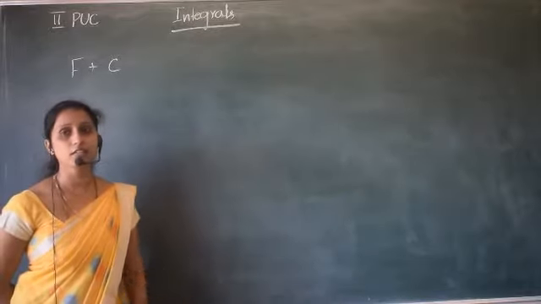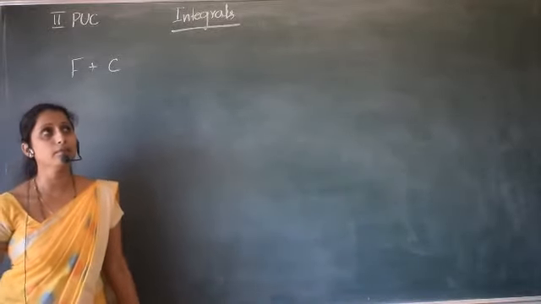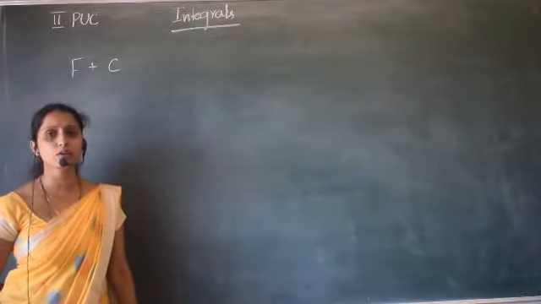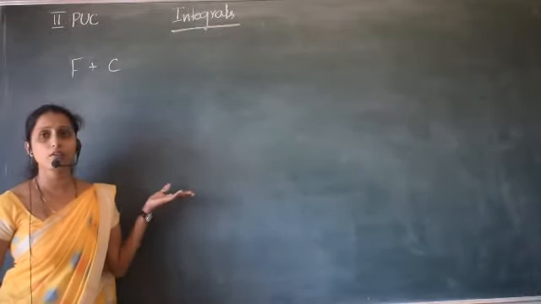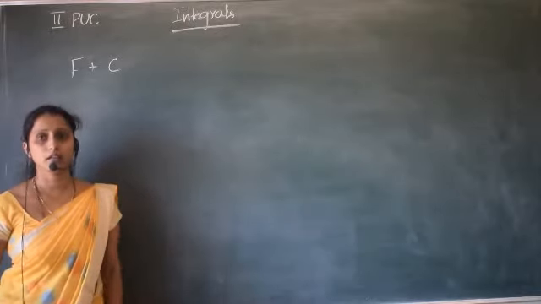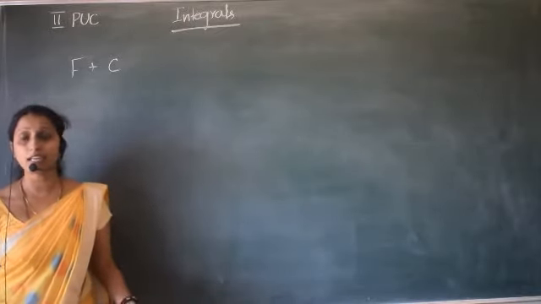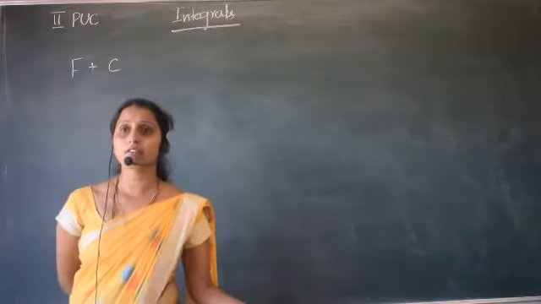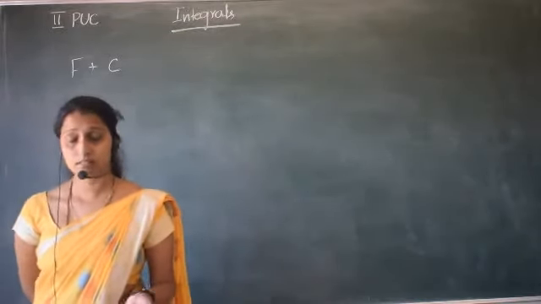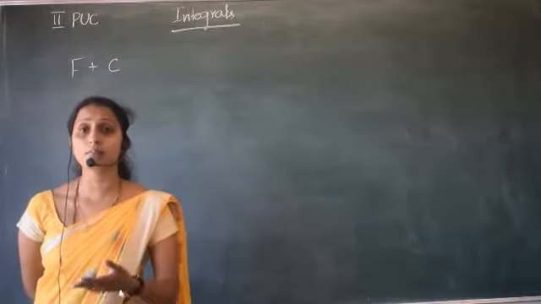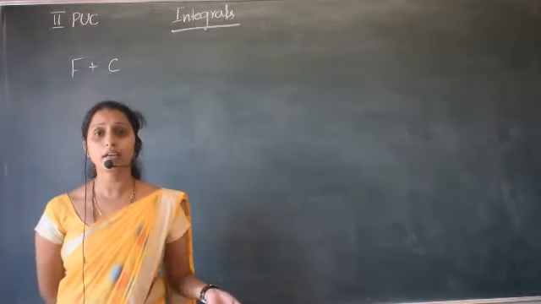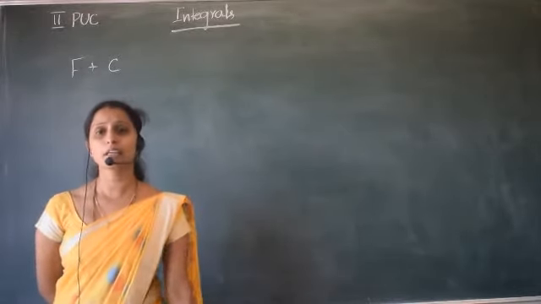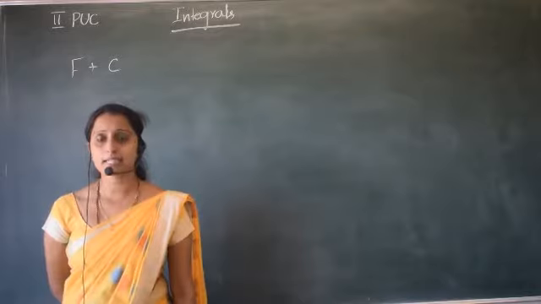Sometimes it may be asked as y square or sin y or cos y, and in that case we find the antiderivative with respect to y. Only the variable changes, not the integral value. The derivative of cos x with respect to x is minus sin x, so the integral of sin x with respect to x is minus cos x. Similarly, the integral of sin y with respect to y is minus cos y. Only that is the difference.